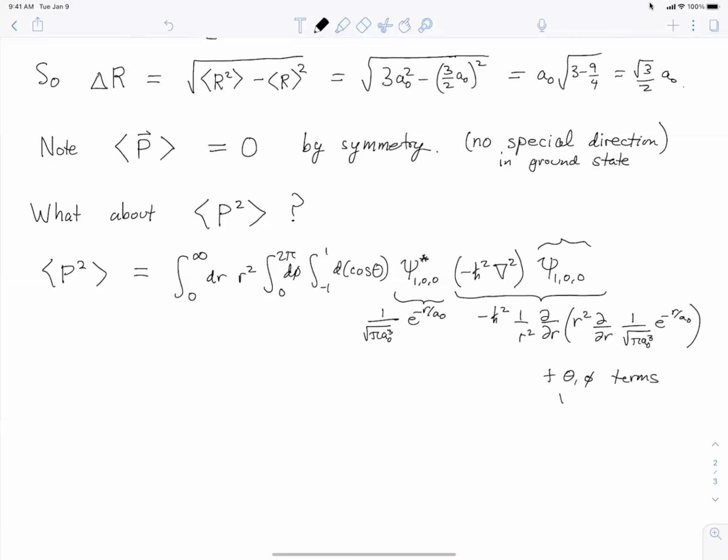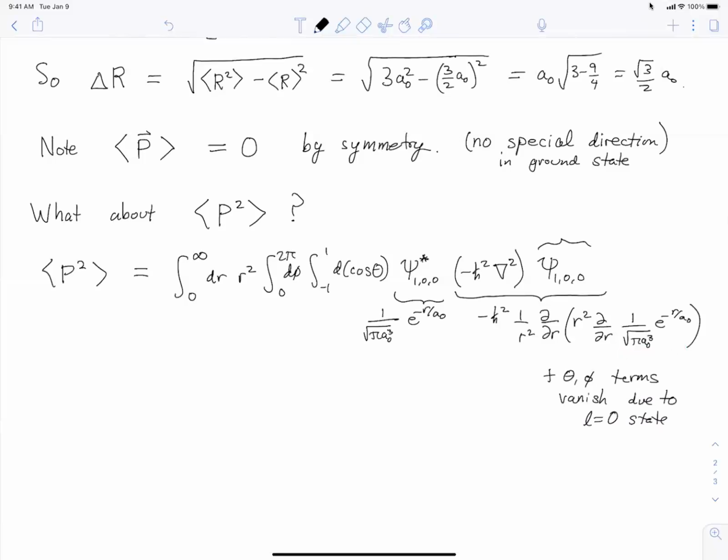And those vanish, though, because they all involve derivatives with respect to angular coordinates. And our wave function here doesn't have any dependence on angular coordinates. Or another way of saying it is that because we're in the L equals 0 state, the angular part is proportional to the angular momentum, and so this vanishes. So in any case, they're not there.